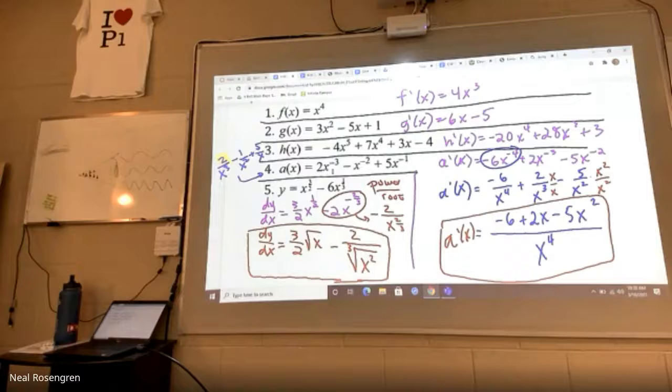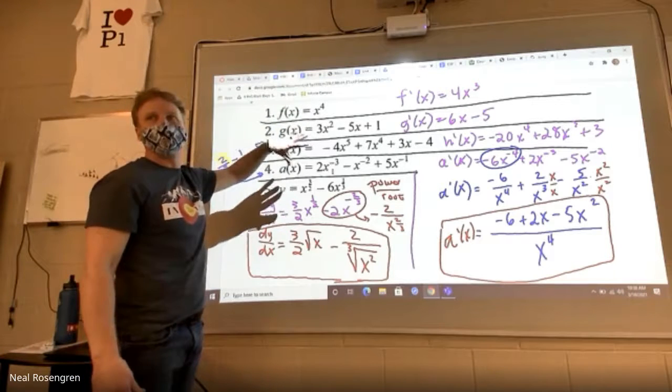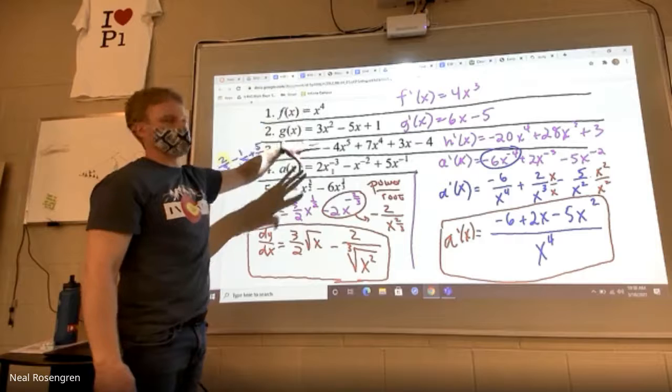Cool. Now, with our last handful or 2 of minutes here that we have left, now that we've got our feet wet with the power rule, what I want you to start being able to do is recognize that 1 through 5, these are ready for the power rule, but it's not always going to look like this.